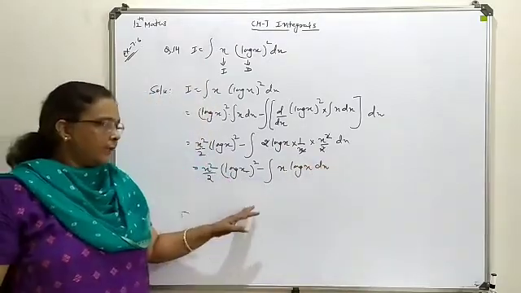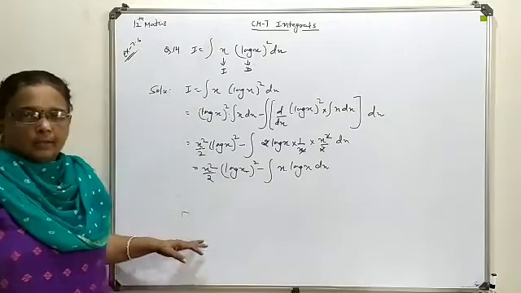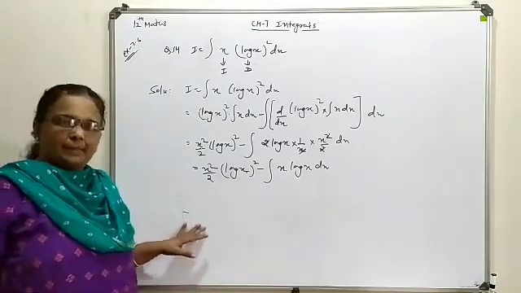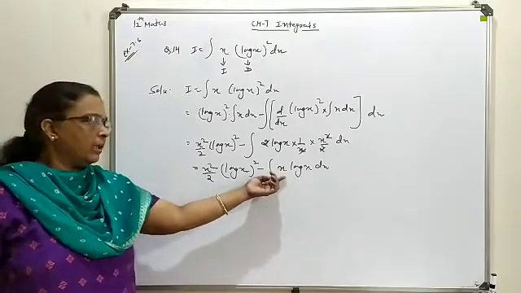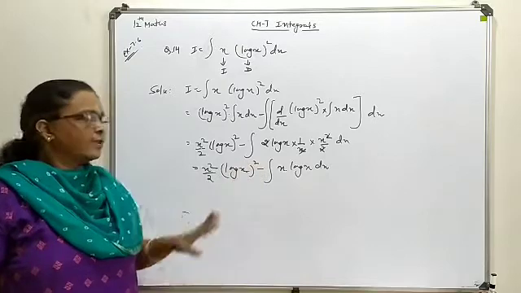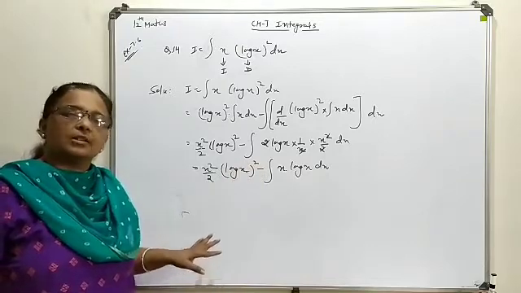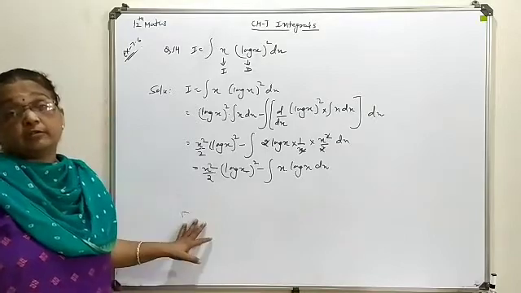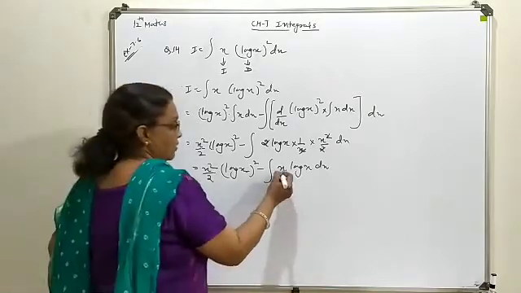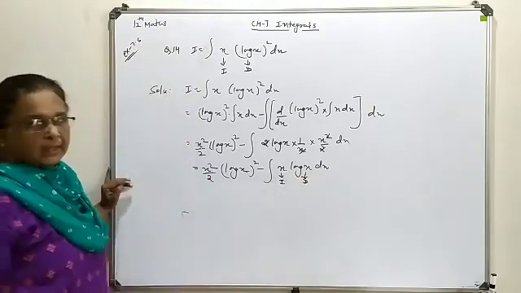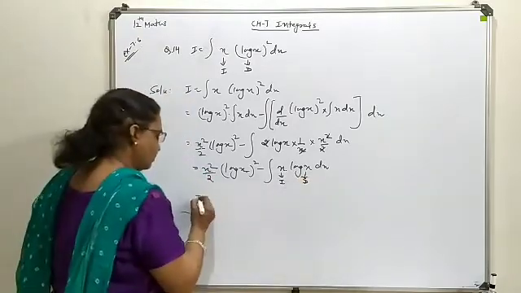Now again it is very clear that here a second time you have to implement your by part method to this remaining combination, that is x log of x. As again we are dealing with the log term, so this log you will treat for differentiation, whereas x you will treat for integration. So this is for integration and this is for differentiation. Re-implement the formula.